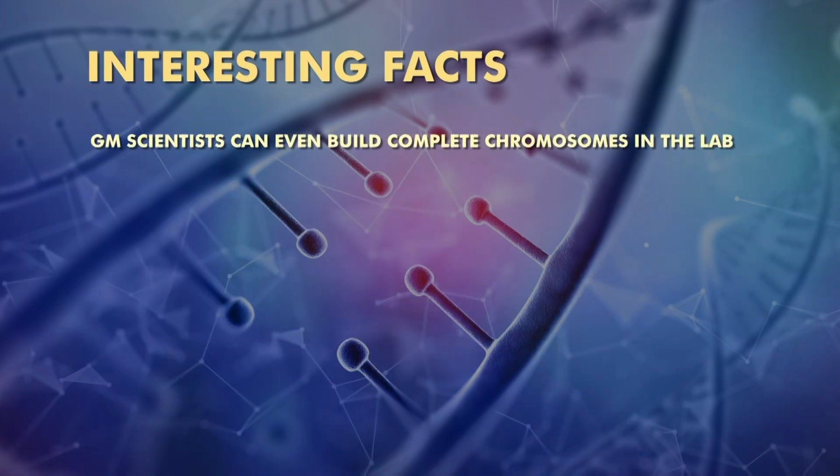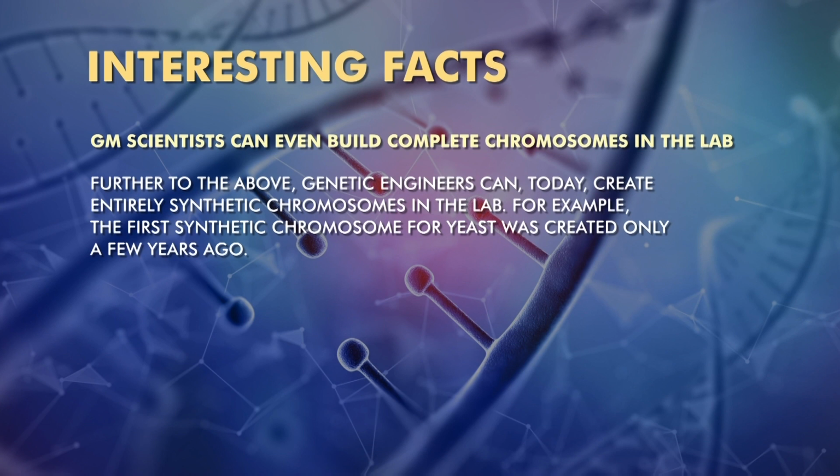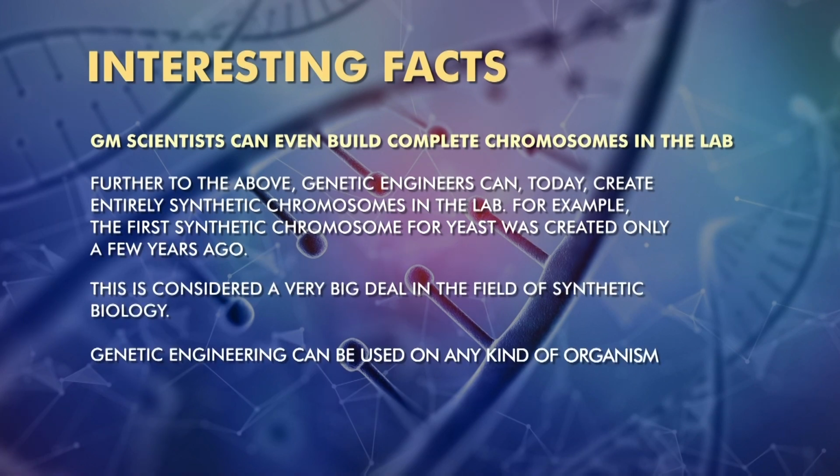Genetic scientists can even build complete chromosomes in the lab. Further to the above, genetic engineers can today create entirely synthetic chromosomes in the lab. For example, the first synthetic chromosome for yeast was created only a few years ago. This is considered a very big deal in the field of synthetic biology.